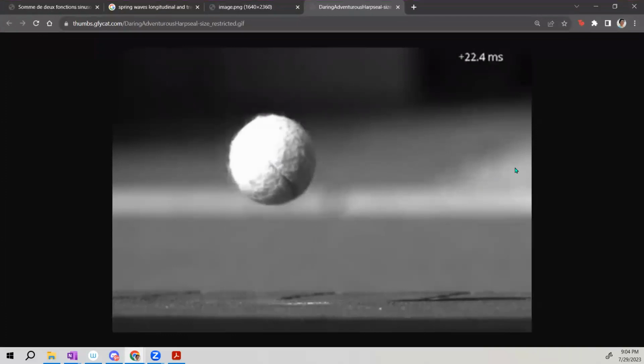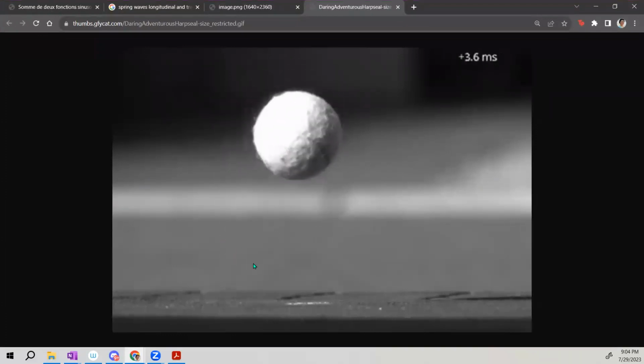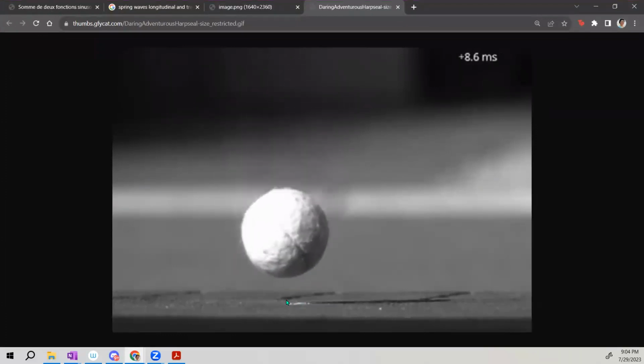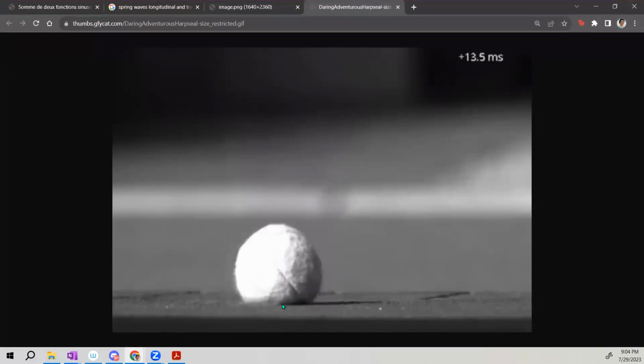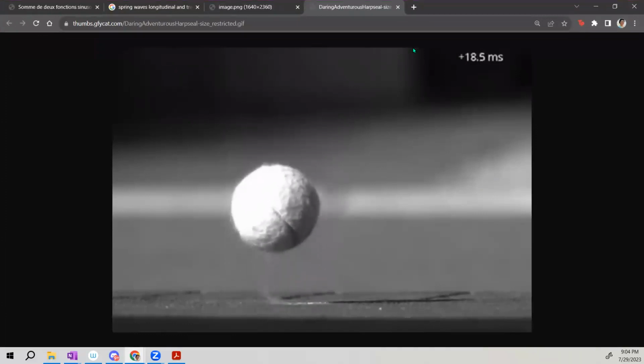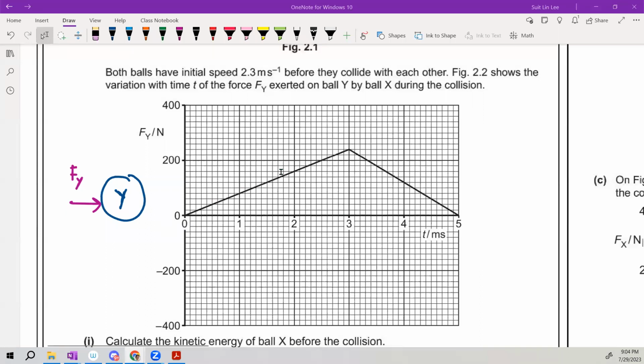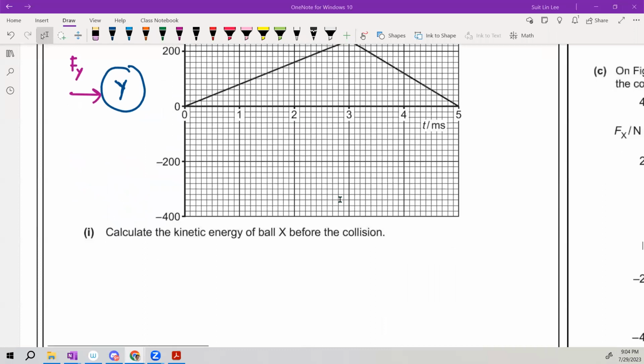So during this deformation, the force will increase, increase, increase, maximum, decrease, decrease, zero. Sometimes it's a curve, sometimes it's a straight line, but we expect the force to change as the ball compresses when it is colliding.